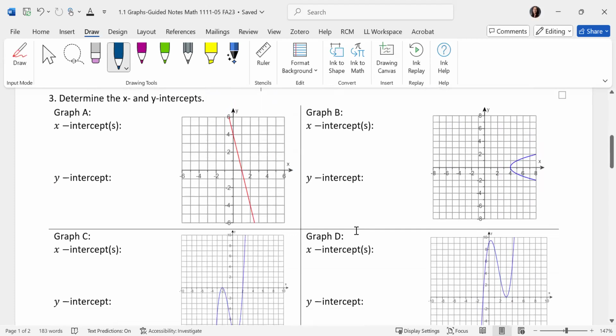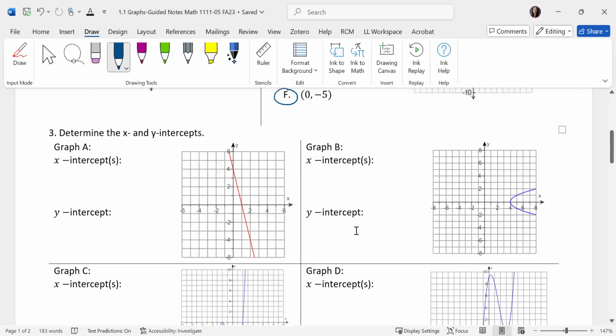Okay, let's practice these graphs and determining x and y intercepts. And so for graph A, we see a linear graph, a line, and the x-intercept is where your graph crosses the x-axis. And so you can see the line is crossing the x-axis right at that value, and it's crossing at 1, 0.